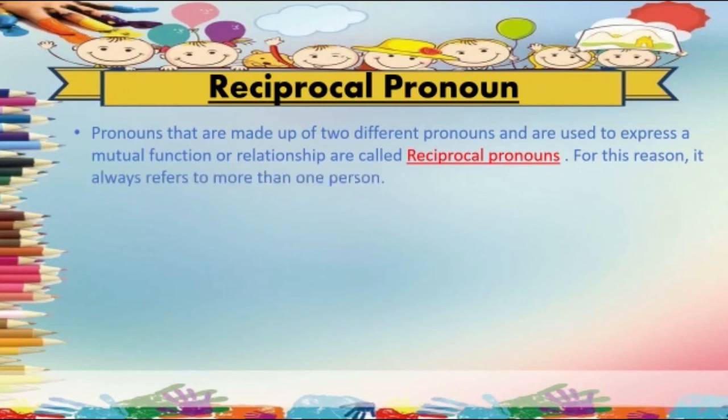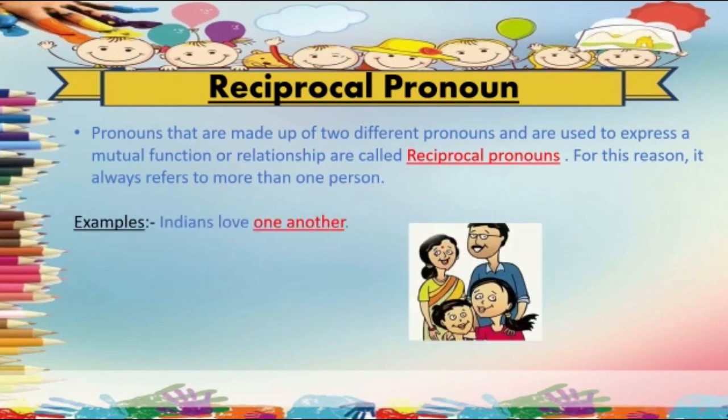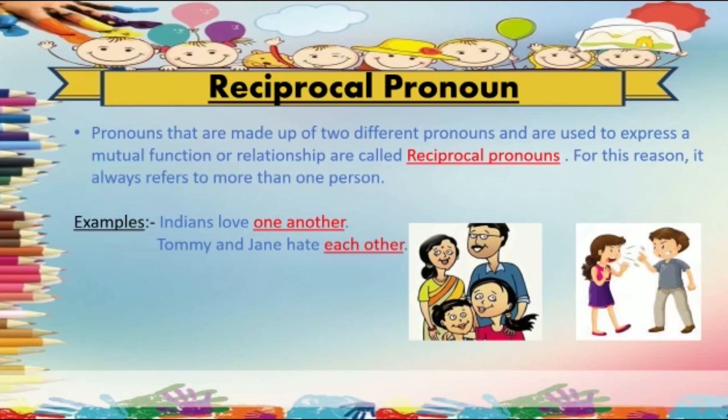For this reason, it always refers to more than one person. Examples: Indians love one another. Tommy and Jane hate each other. The words one another and each other denote reciprocal pronouns.